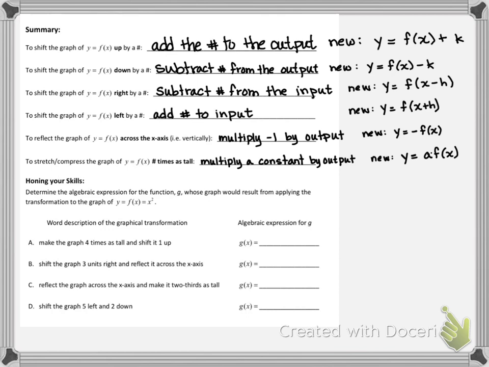Notice that we did not do horizontal stretches and compressions, and that's because any horizontal stretch or compression can be achieved by a vertical stretch or compression, right? Like we can make it wider by stretching it vertically.